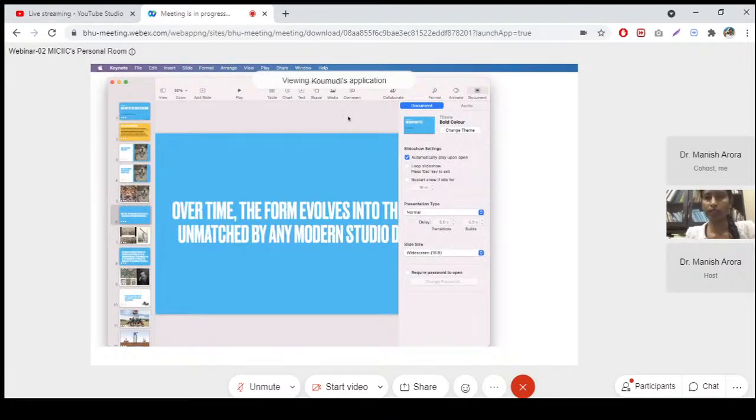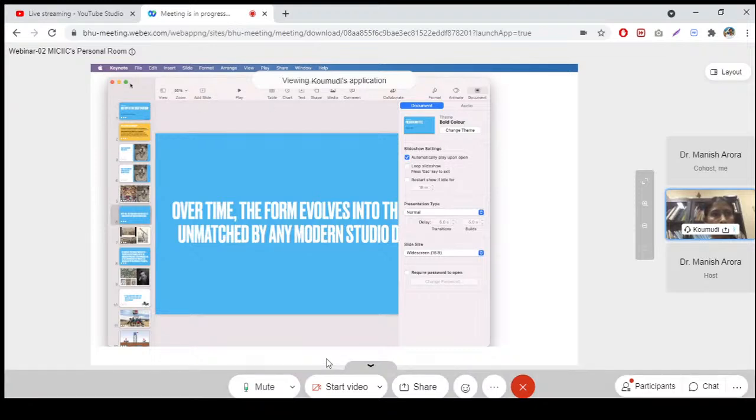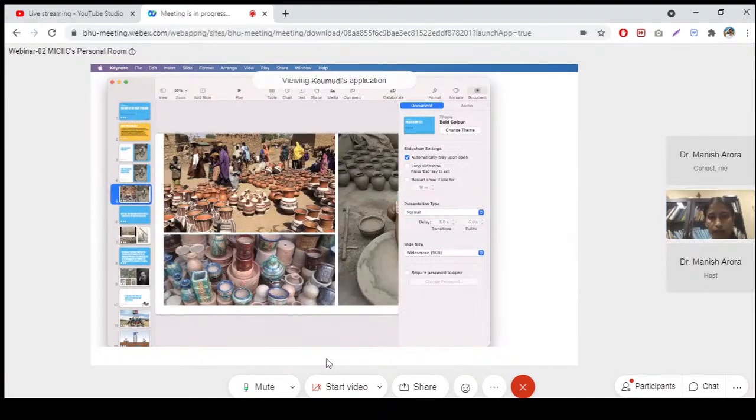Ankit, I'm sorry, but there's a problem in the sharing of the keynote. It went away from my screen for a moment.